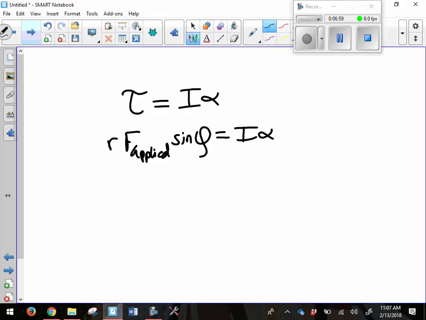Okay. What's R? It's not just radius, actually it has a different name. It's the moment arm. So it's the distance between the axis of rotation and where the force is applied, which is often the radius, but not necessarily.